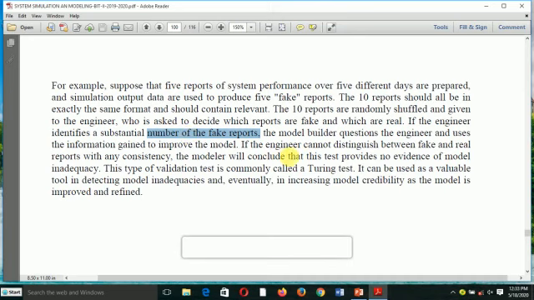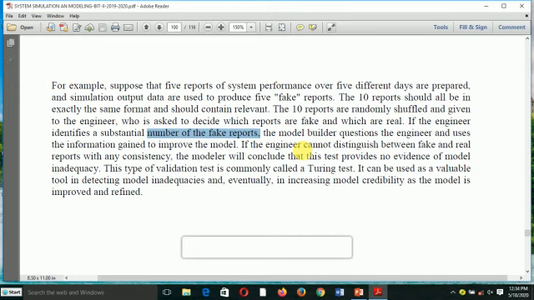But if the engineer cannot distinguish between fake and real reports with any consistency, the modeler will conclude that this test provides no evidence for model inadequacy. Here it means that if the engineer cannot distinguish the fake reports and the correct ones, it means that our model is 100% accurate.